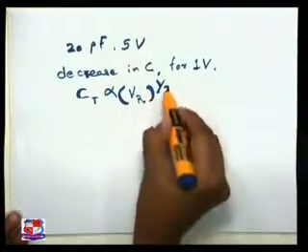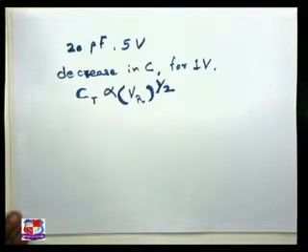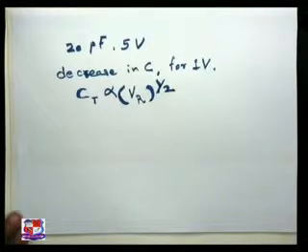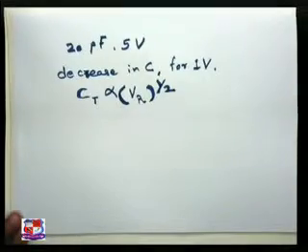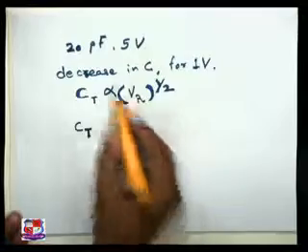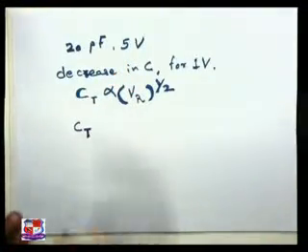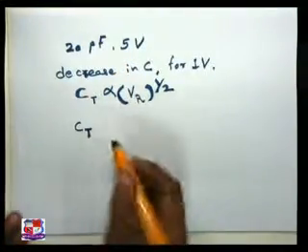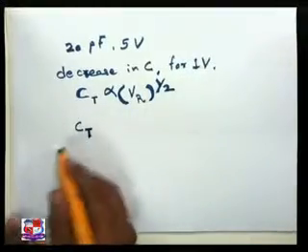It is actually inversely proportional to the root of the voltage that is provided. So we can have two capacitances, one at 5 volt, one at the increased voltage, that is the voltage is increased by 1 volt.